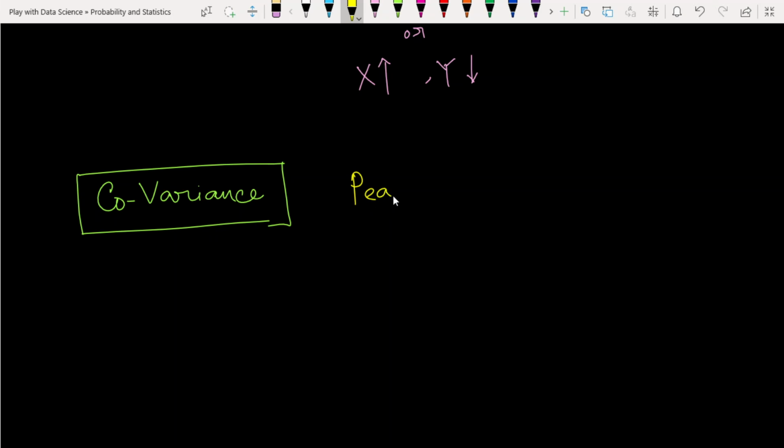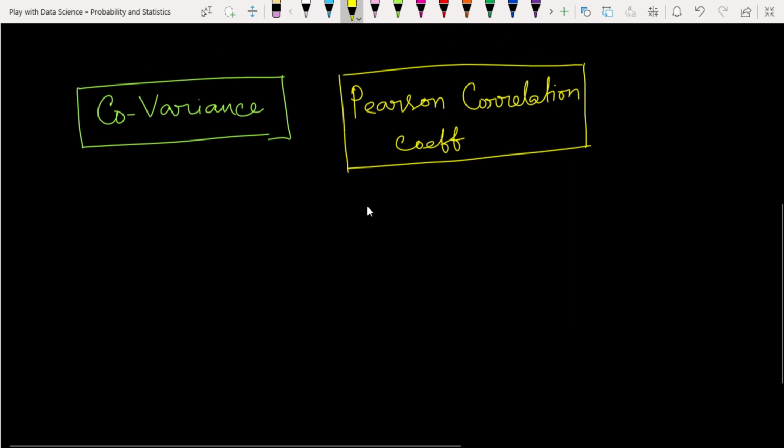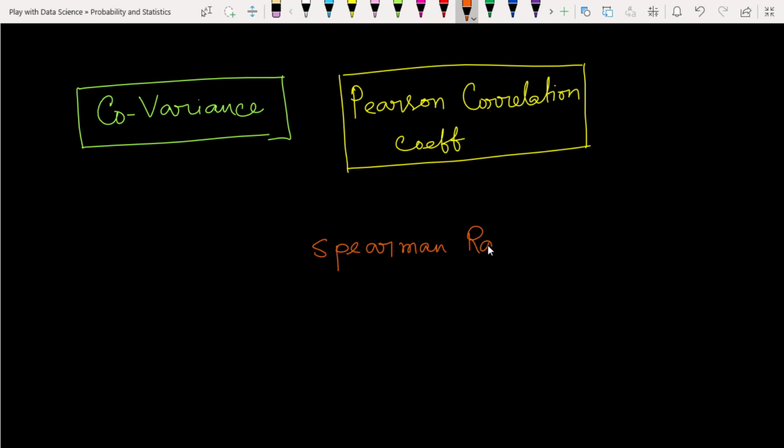Now there are also some drawbacks for this theory, and using some techniques and some development on this theory, we have built another theory called the Spearman rank correlation coefficient concept.